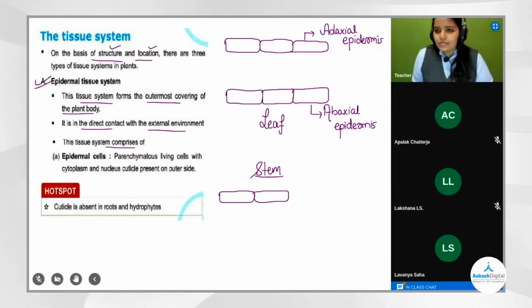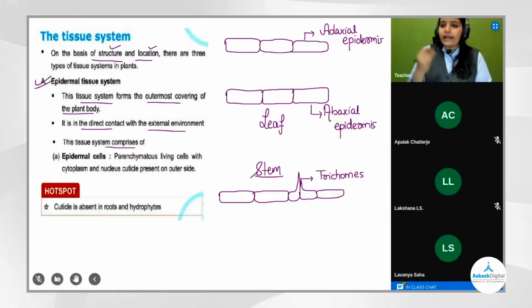In some cases, not all the cases, that particular case is for the dicot stem actually. What happens in dicot stem is, usually more than one epidermal cell actually makes these types of stem hairs. They are called trichomes. If somebody asks you what is trichome, you will say they are hair-like structures present on the dicot stem.